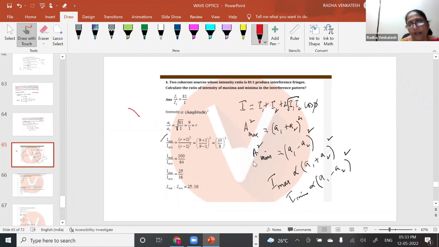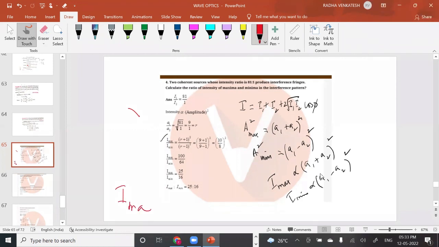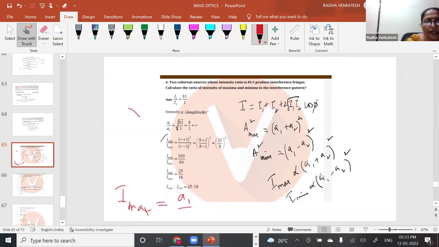And A1 by A2, I know, is 9, correct? Yes, ma'am. So I max can be written as A1 by A2 plus 1, the whole square.